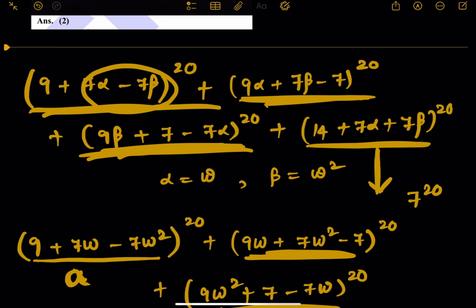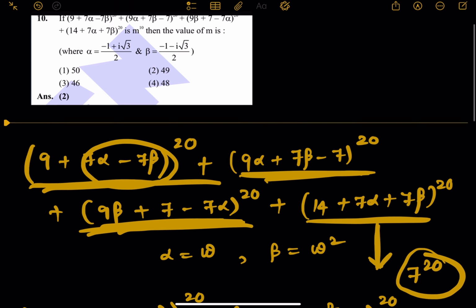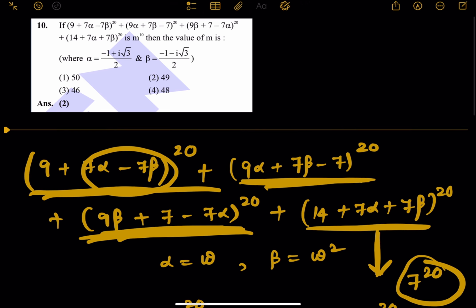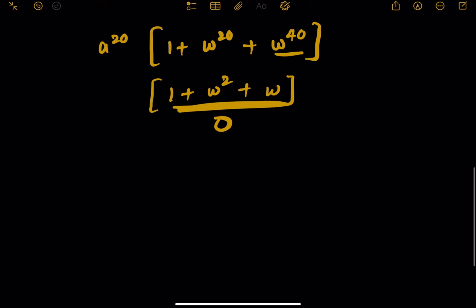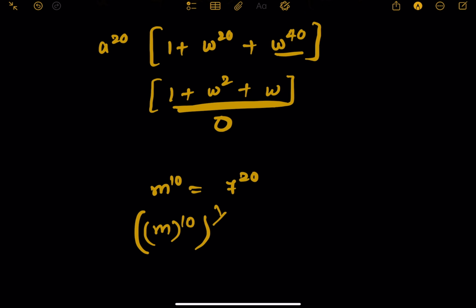And we are done with this question. So this is 7^20. And what are they asking? The answer is m^10. So m^10 equals 7^20. Take power 1/10 on both sides.